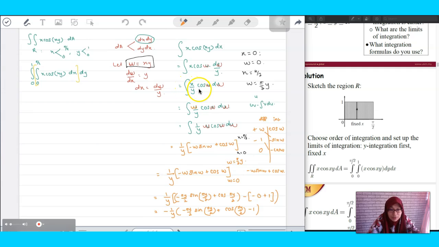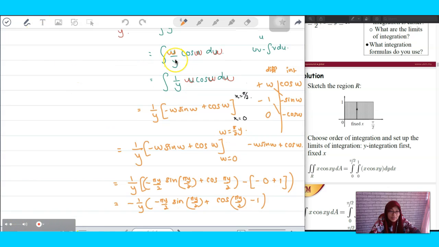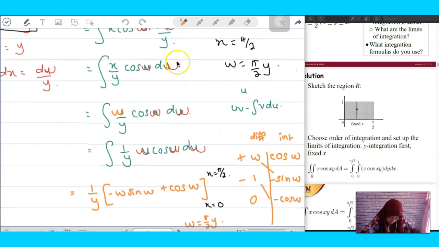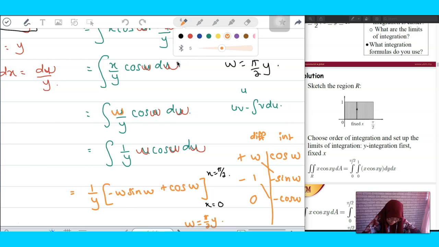Okay, so I just realized I made some mistake there, which means that this one should be changed to be squared. And there is a square here.